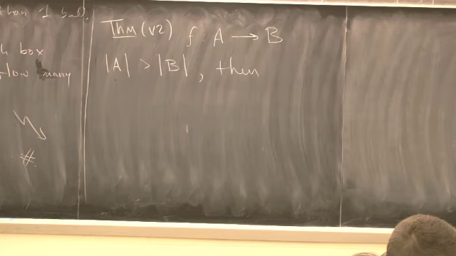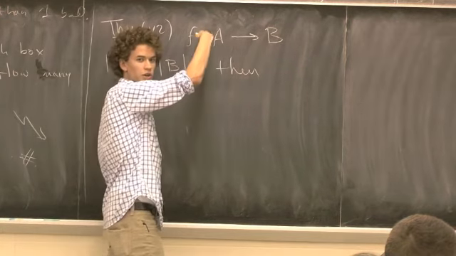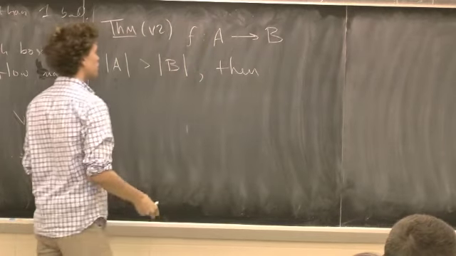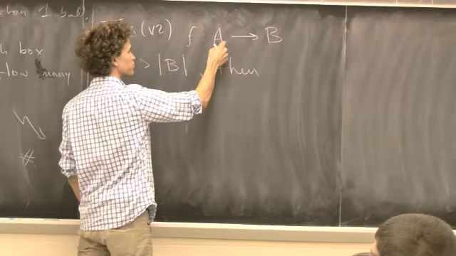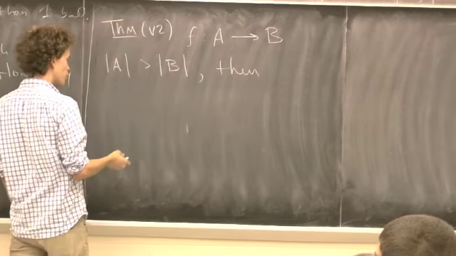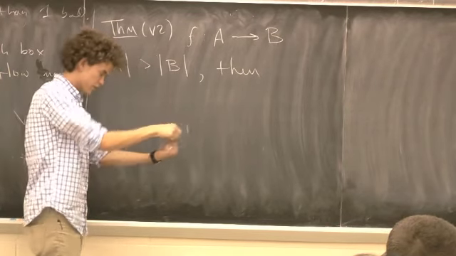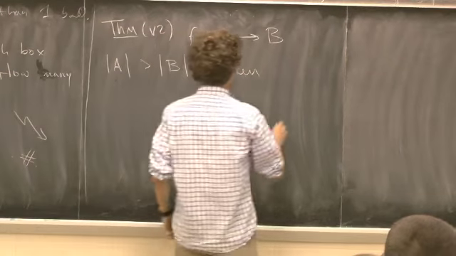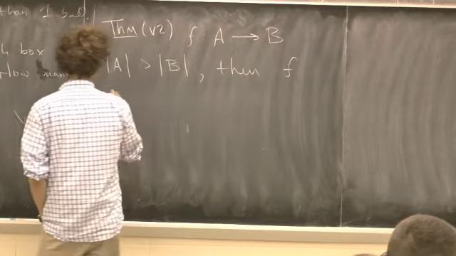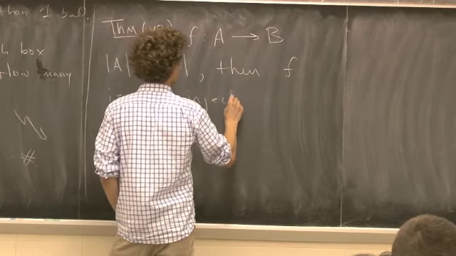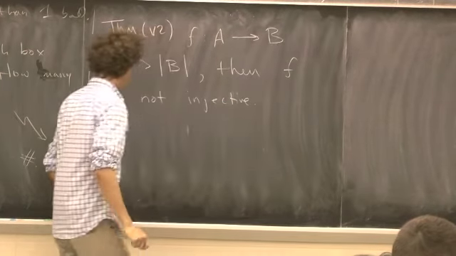So the elements of A are sort of like the balls, and the elements of B are like the boxes, right? So I'm sticking balls into boxes. So if more than one ball goes in the same box, that's non-injectivity, right? Then f is not injective, or one-to-one. Okay.